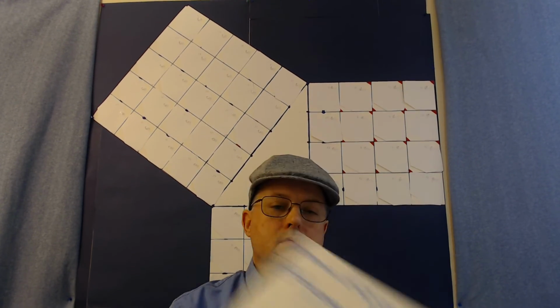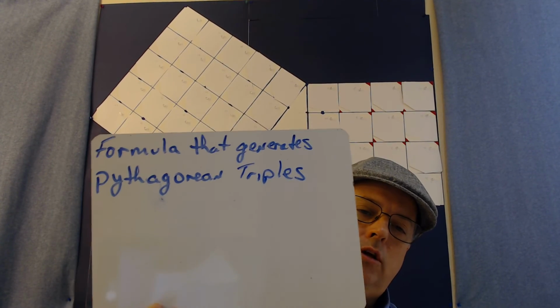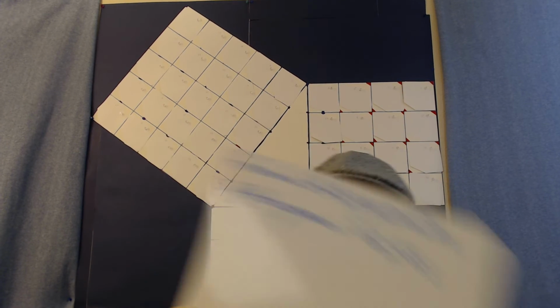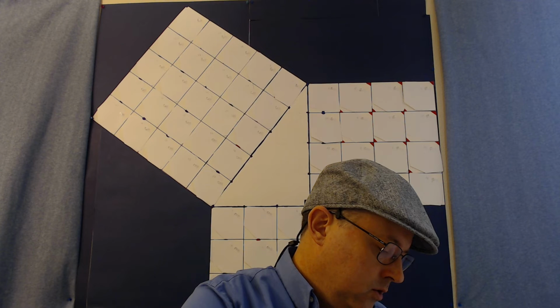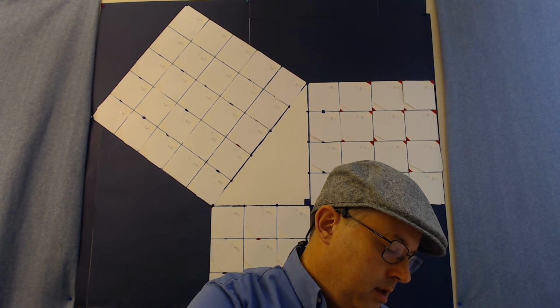This is a formula that generates Pythagorean triples. And that formula is 2mn and m squared minus n squared and m squared plus n squared.